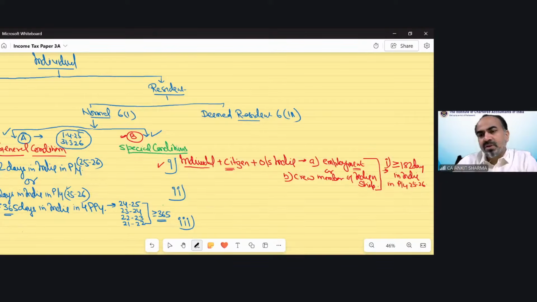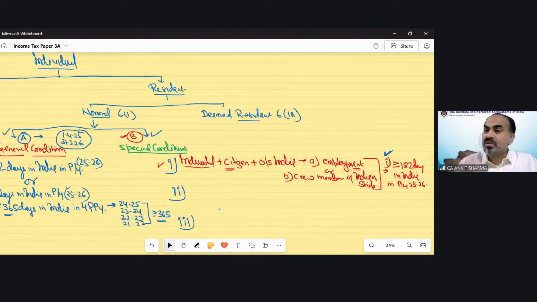In category A, there are two conditions to check whether you are a resident or not. Let me tell you, becoming a resident is not good news from the point of view of taxability. Being a non-resident is good news for the purpose of taxability. So if you fall in the first point of category B, you will be a resident only if you satisfy the first condition. Only one condition is applicable.